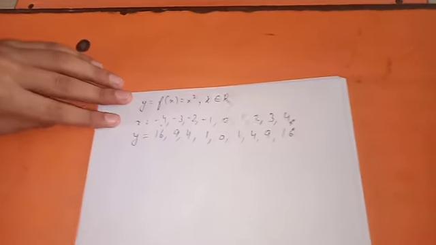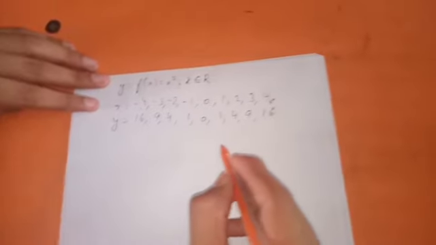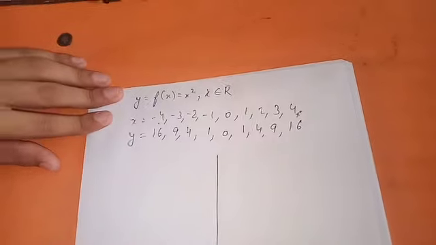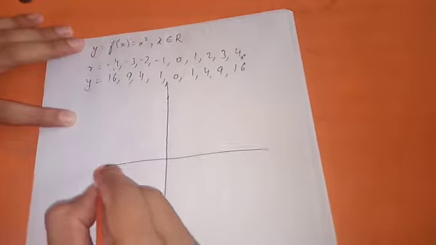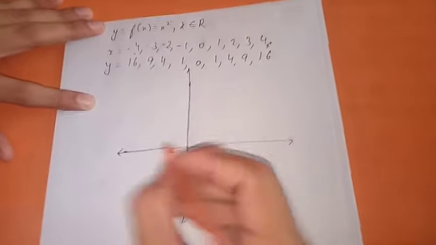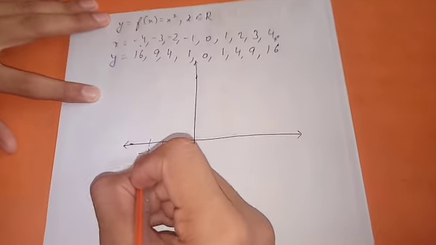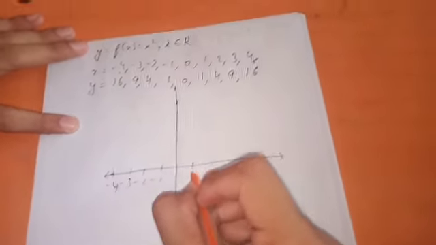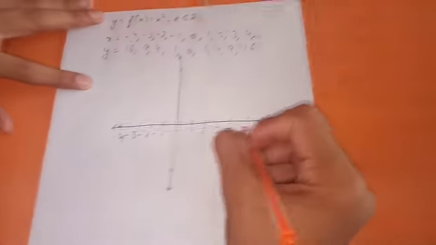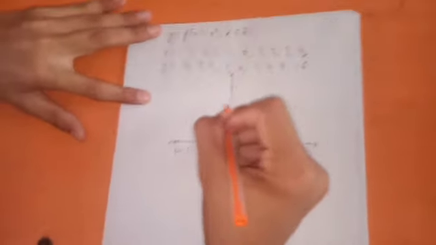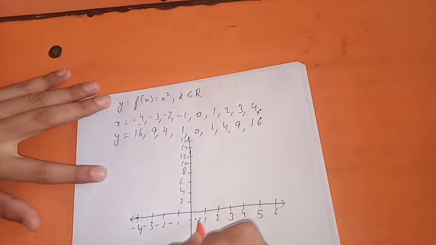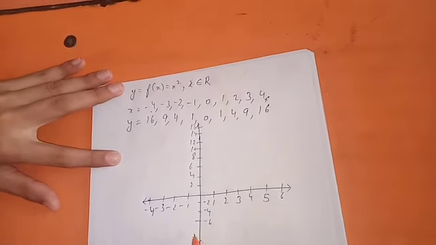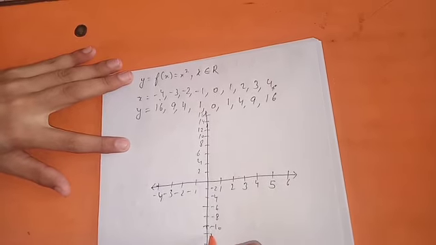So we can draw its graph. -1, -2, -3, -4, 1, 2, 3, 4, 5, 6, 2, 4, 6, 8, 10, 12, 14, 16, -2, -4, -6, -8, -10, -12.